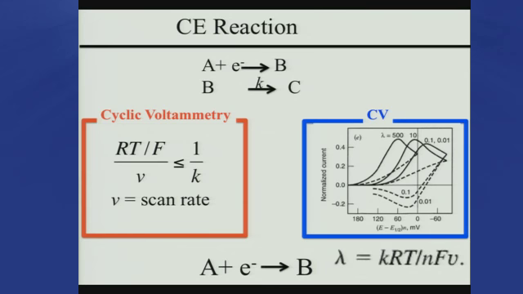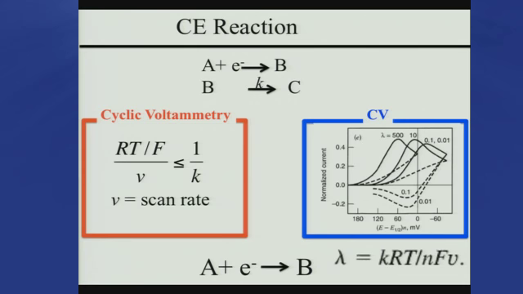So the favorite way of looking at these kind of reactions is by cyclic voltammetry. And in cyclic voltammetry, as everybody in this room knows very well, you scan the potential up, you scan the potential back, and you can see the back reaction. And if there is this kind of EC reaction, then you have to compare the effective scan rate, RT over F, which is kind of 25 millivolts, over v, the scan rate in millivolts per second.